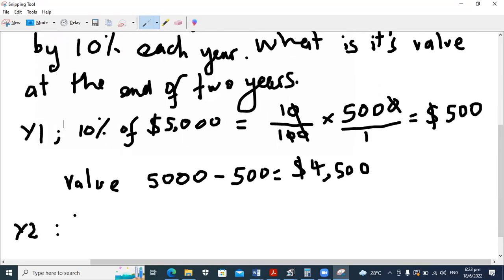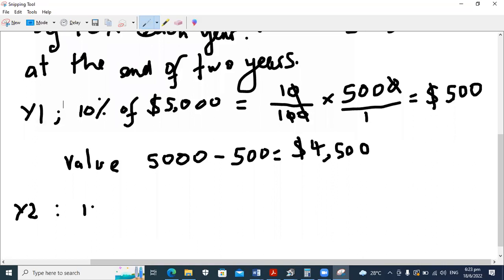It says each year, 10% comes off of the value, so you're going to find 10% of what? 4,500. Exactly, 10% of the current value of the item. You're not going to find 10% of the 5,000.